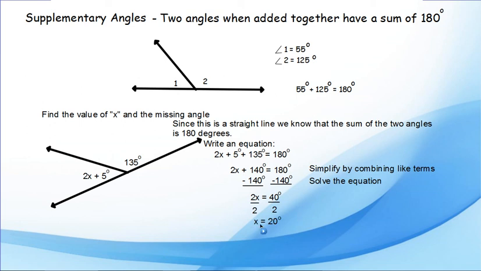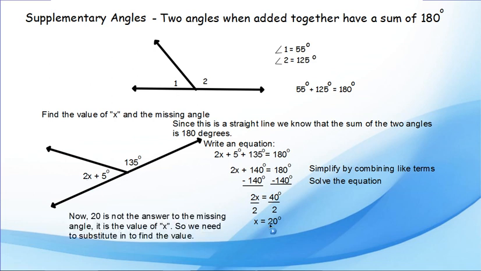Now, this is asking us to find the missing angle, not the value of x. So, just like the check step, I need to plug what I got for x back in. 20 is not the answer to the missing angle, it is the value of x. So we need to substitute to find the missing angle, which is 2x plus 5, because this is the 135, and this is the 2x plus 5.